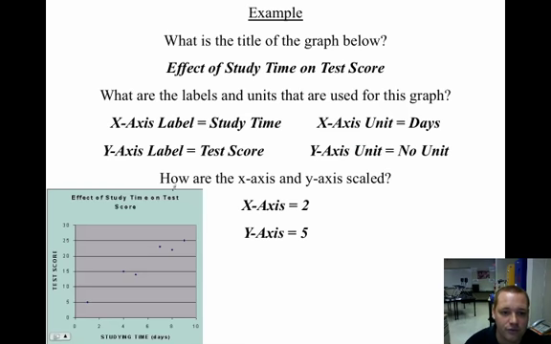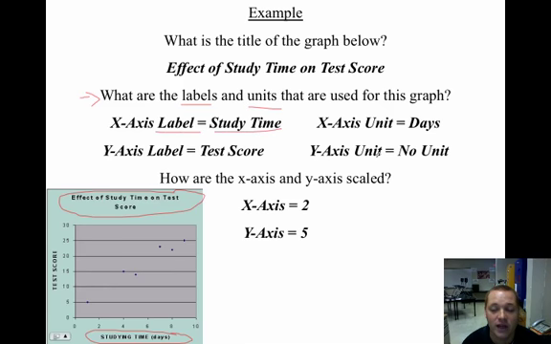So the title of the graph, located right across the very top, as we have done 3 or 4 times now, effective study time on test score. And then you were asked to answer the following question, which is dealing again with labels in units. The x-axis, which is located right down here, you'll find that the label is study time, and now we have a unit.